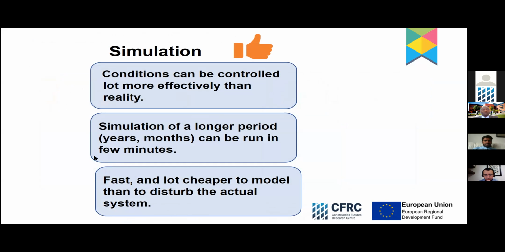But this, you do on the system and you have your results, you make decisions. Simulation of a longer period of years or months can be done in a few minutes. You can understand the process within minutes. If you want to do a work study on that process, it takes you days, weeks, and months. It's fast and a lot cheaper to model than to disturb.